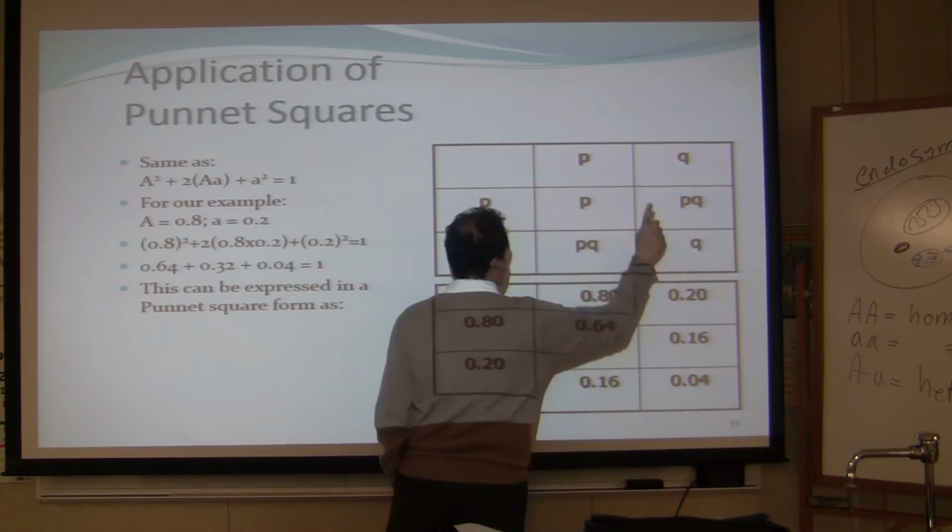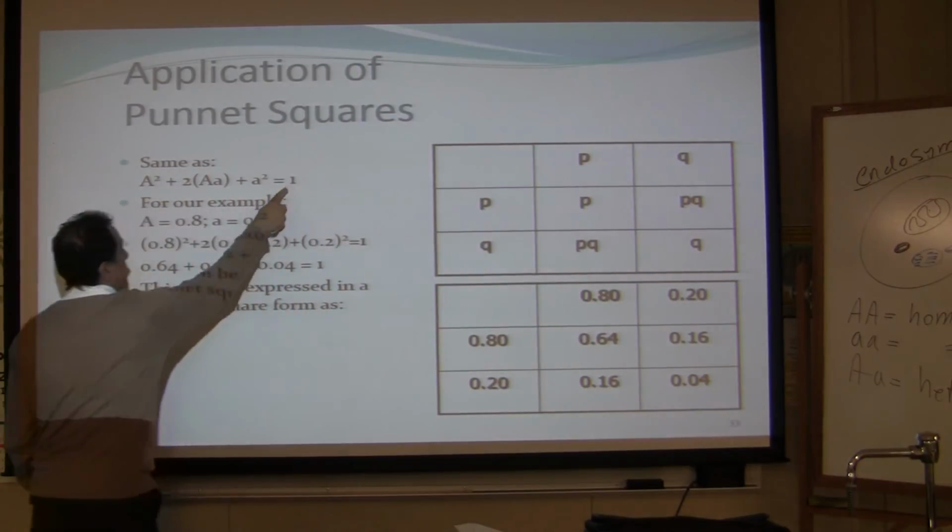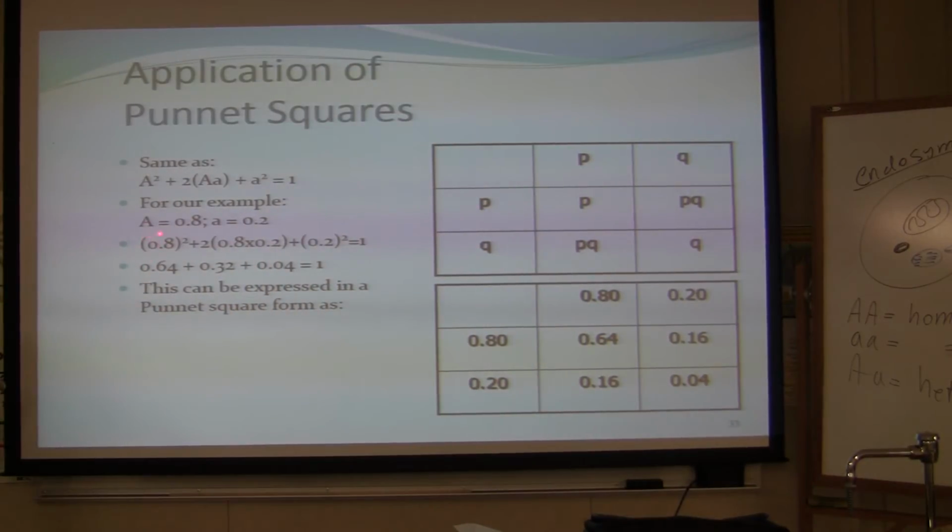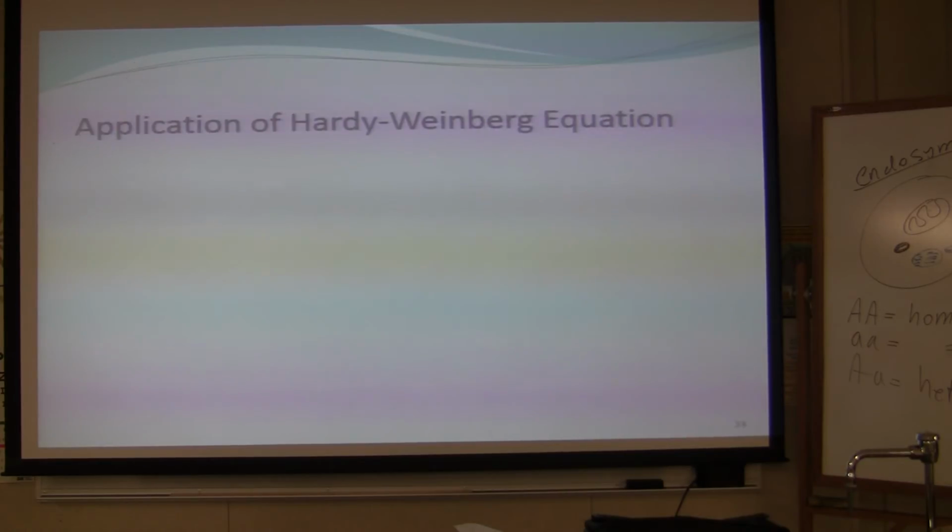All of that population is equal to 100%. For example, A equals 0.8, small a 0.2: 0.8 to the power 2, plus 2 times 0.8 times 0.2, plus 0.2 to the power of 2, all of that is equal to 1. 0.64 plus 0.32 plus 0.04 is equal to 1. This can be expressed in a Punnett square as that.